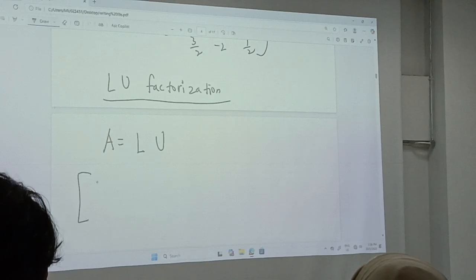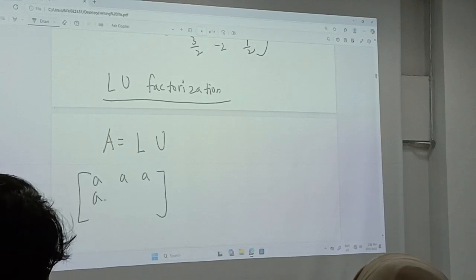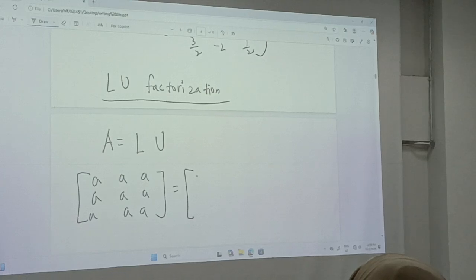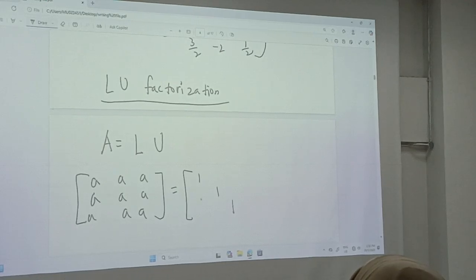So matrix A basically is the coefficient matrix, consisting of all the A elements. Why is L, right? Okay, this matrix L, diagonal elements are always 1. And here will be L21, L31, L32. Above the diagonal will always be 0.